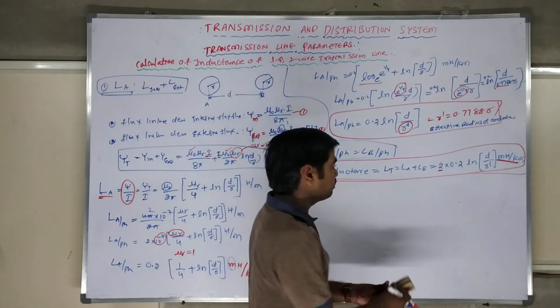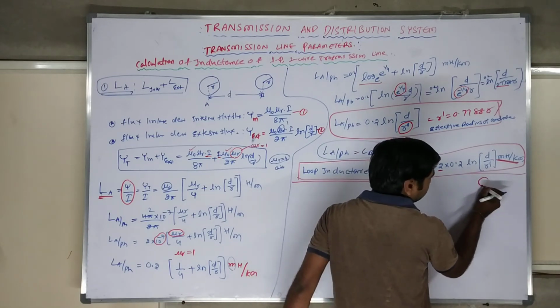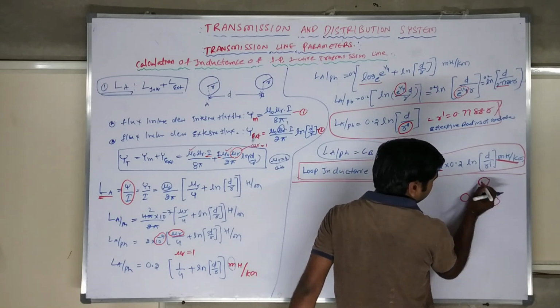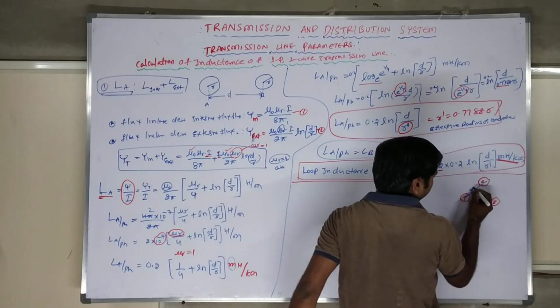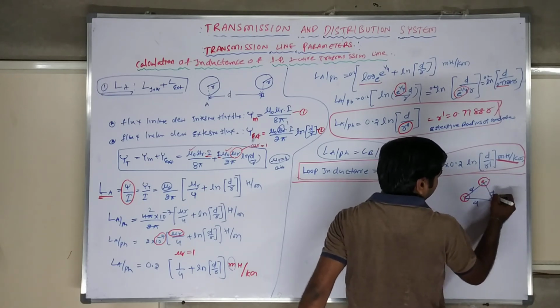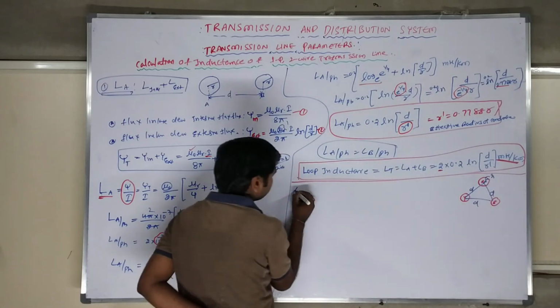When you go for a 3-phase power transmission line, which is very important, let us take 3 phases R, Y, B, which are at a distance of D, each with a small radius. This is a symmetrical transmission line.